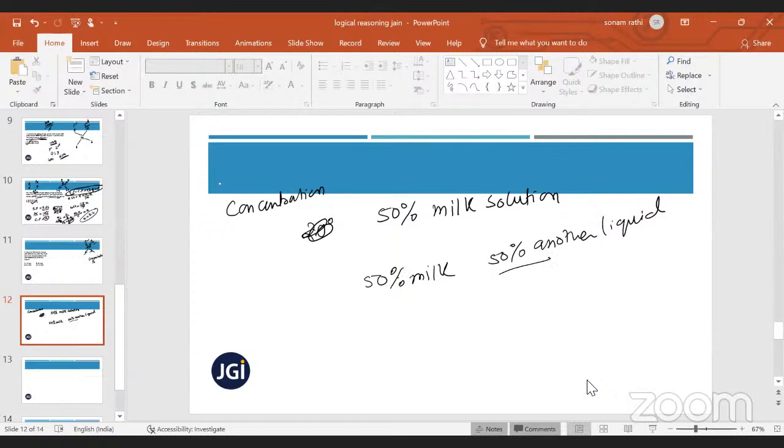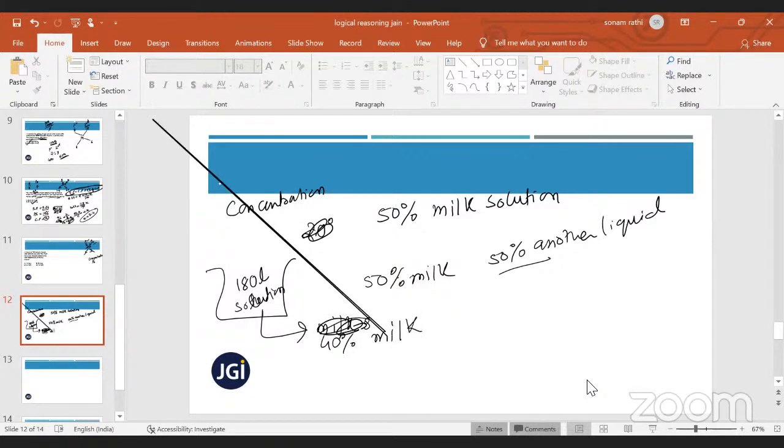For example, in a tanker there is 180 liter of milk solution, and I give you the concentration as 40% milk solution.